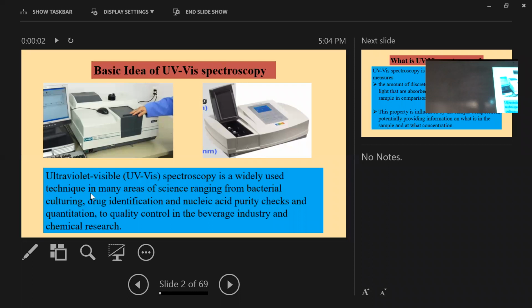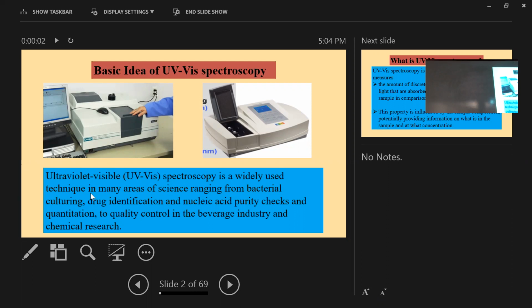If I consider UV light, the wavelength for UV light is around 100 nanometer to 360 nanometer.